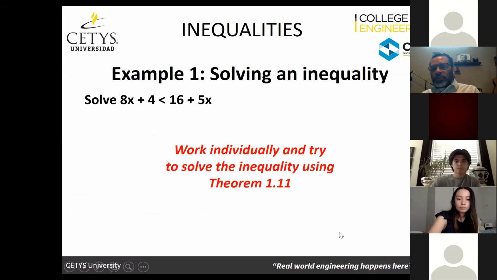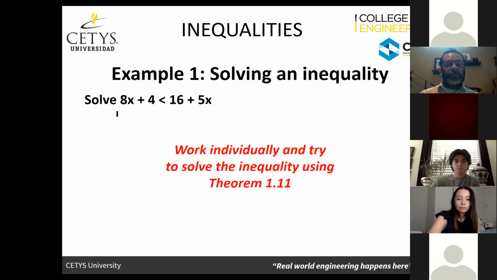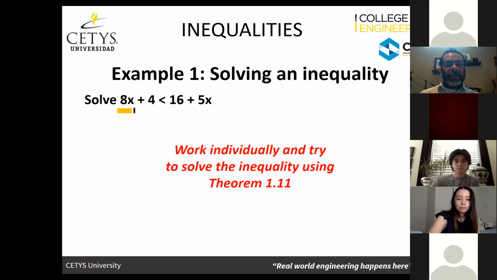Now, let's start doing some exercises. Let's look at this inequality that we've got here. The mathematical expression we're going to be looking at is 8x plus 4 is less than 16 plus 5x.